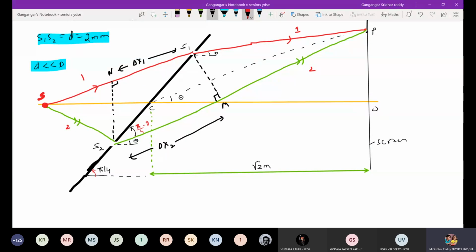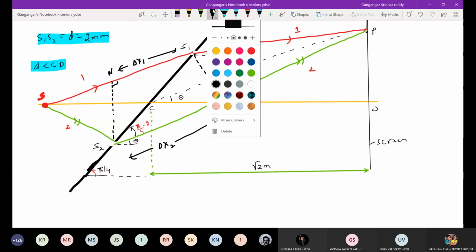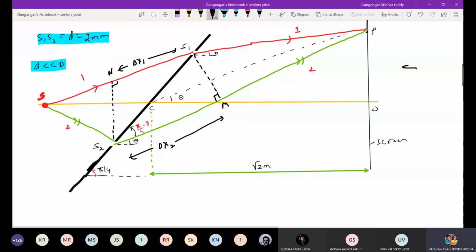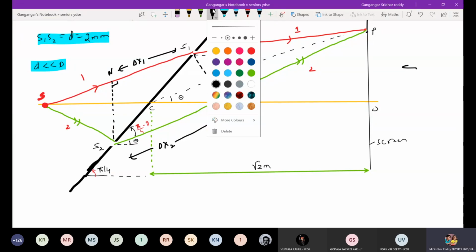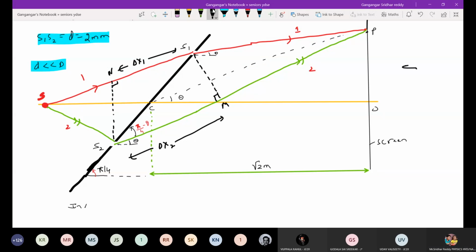In triangle S1, S2, M, cos of pi by 4 minus theta should be equal to delta x2 by d. So delta x2 is equal to d cos of pi by 4 minus theta.